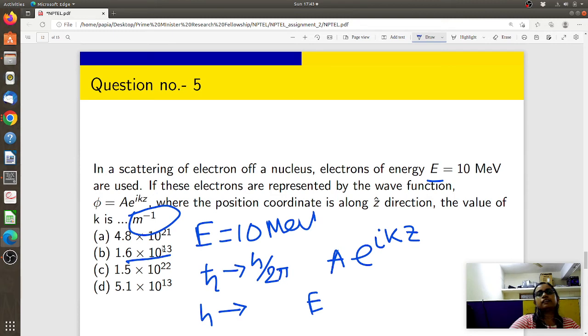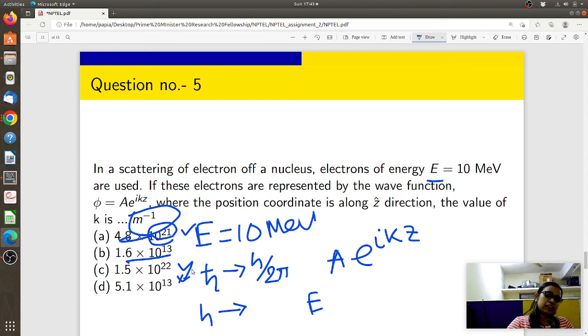But if we don't use c square in our calculation, then the calculation will give us a wrong value. The wrong value may be like 4.8 into 10 to the power 21, because 1.6 into 3 means 4.8, or it may be given like 5.1.